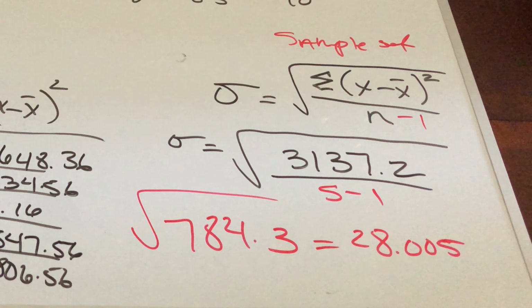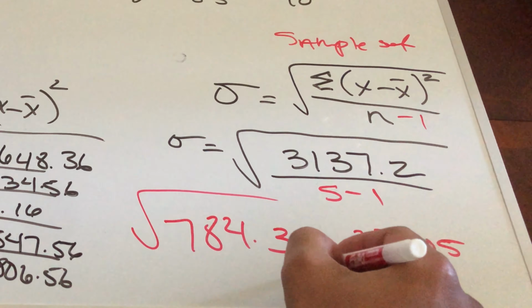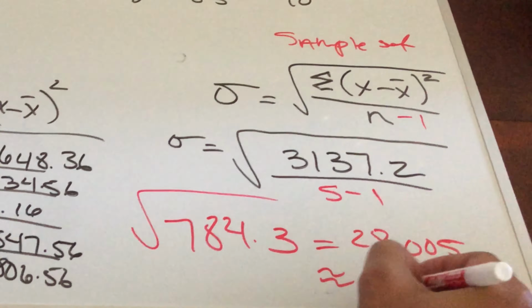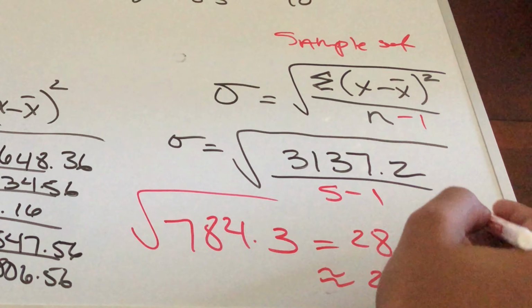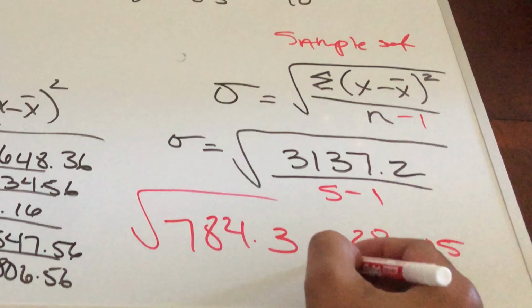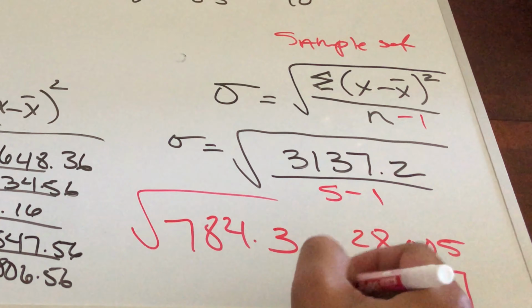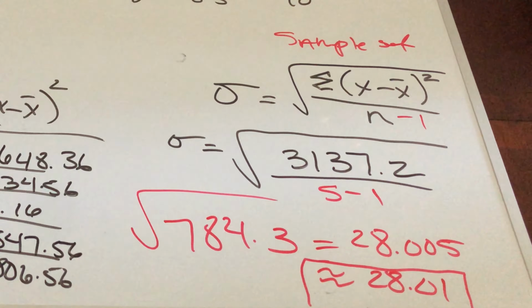If you want, you can round that to the nearest hundredth, which approximates to 28.01. Each one of these will work, but most likely they'll take the approximation value, unless they say not to, or unless it's an even number and it doesn't change anything.